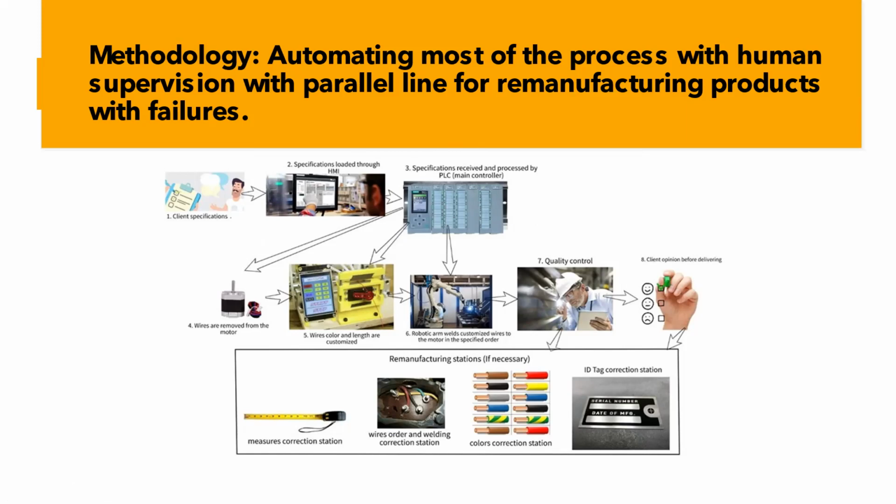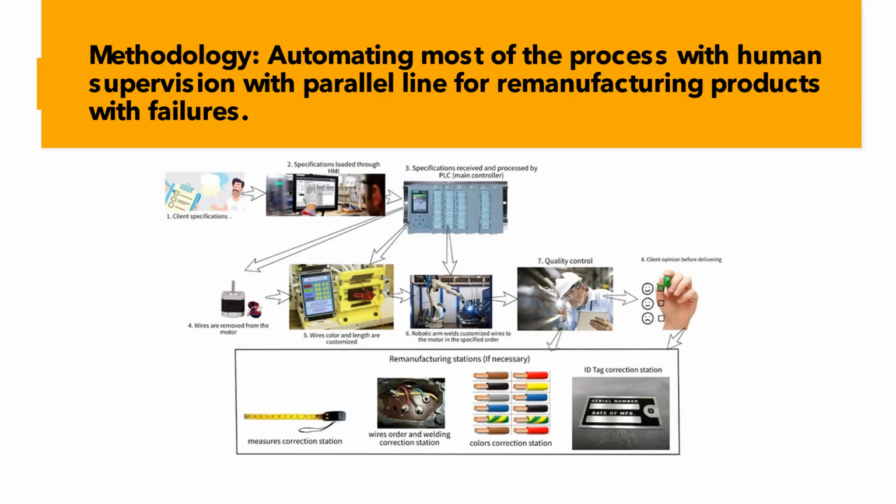Also, we have included a new stage that wasn't included before, which is the quality control, which will help us to identify problems before being delivered to the customer. Also, before delivering the product to the customer, we have included a client opinion stage in which the client will meet with an expert from the enterprise in order to see if he is satisfied with the product.